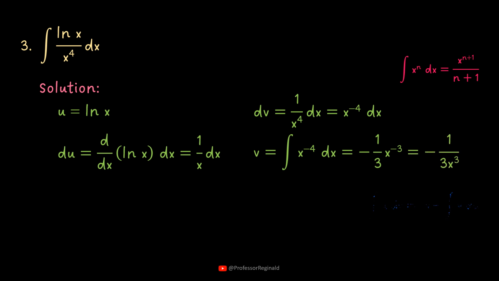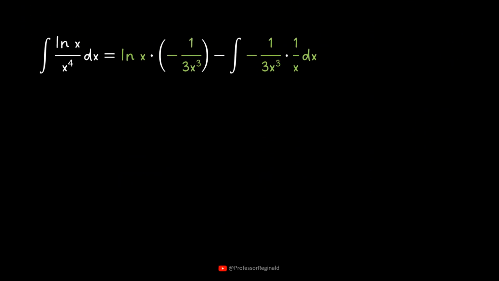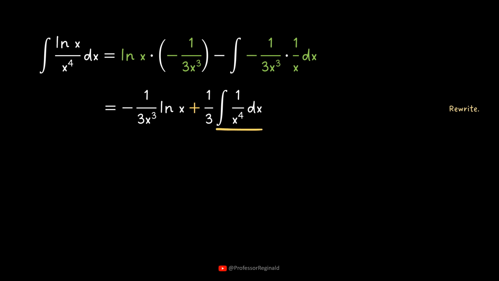Then use the formula of integration by parts. Afterwards, rewrite the expressions for a cleaner look. The original integral now consists of a product term and an integral which is simpler than the original integral. Integrate the remaining integral.